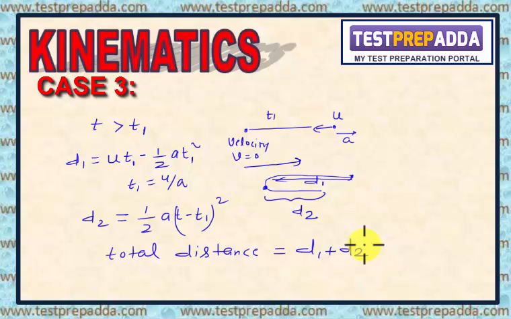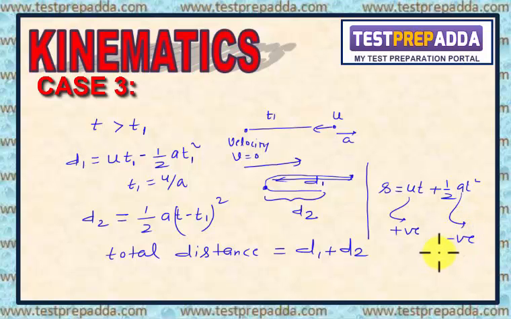But if the question says find displacement only, then simply use S is equal to ut plus half at square, where u will be taken as positive and a will be taken as negative, and this t is the total time of traveling. Got the point? Now I will take the question with which I started this session.